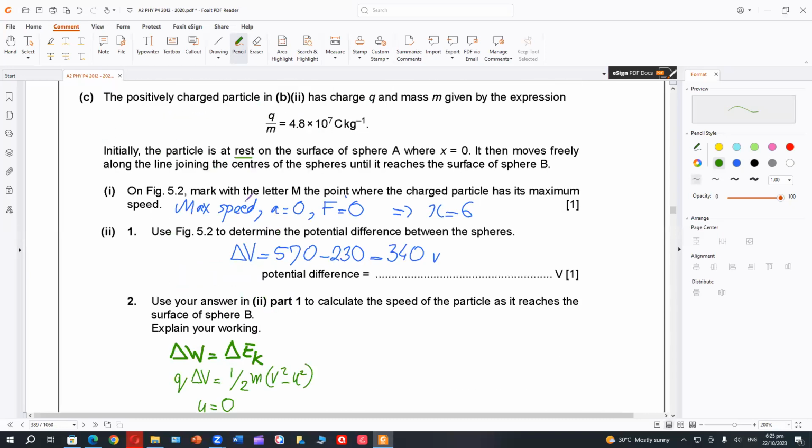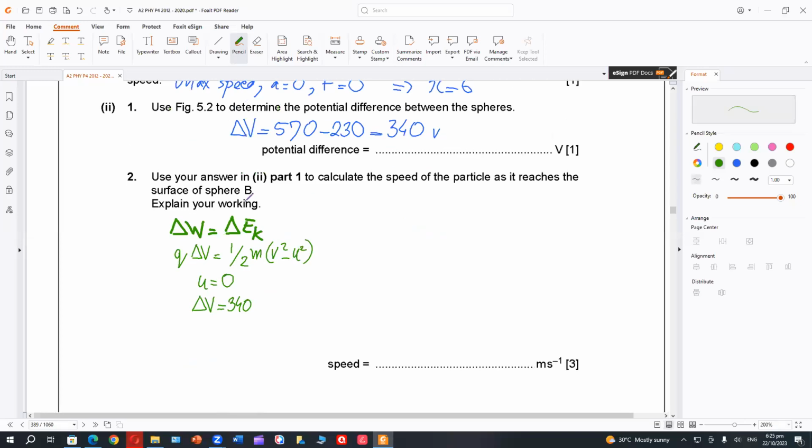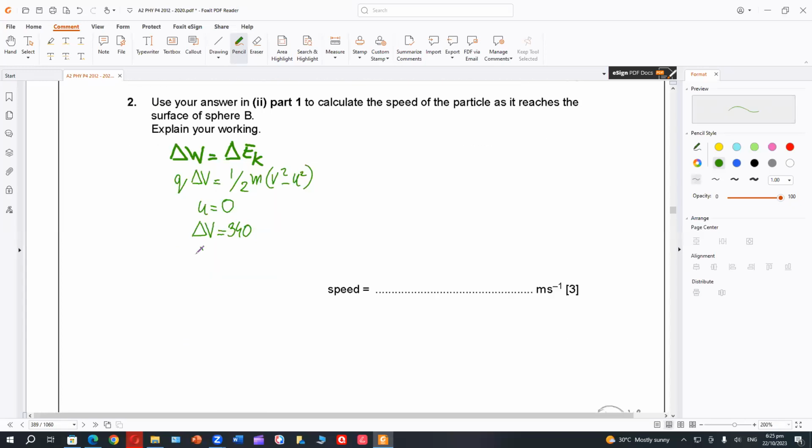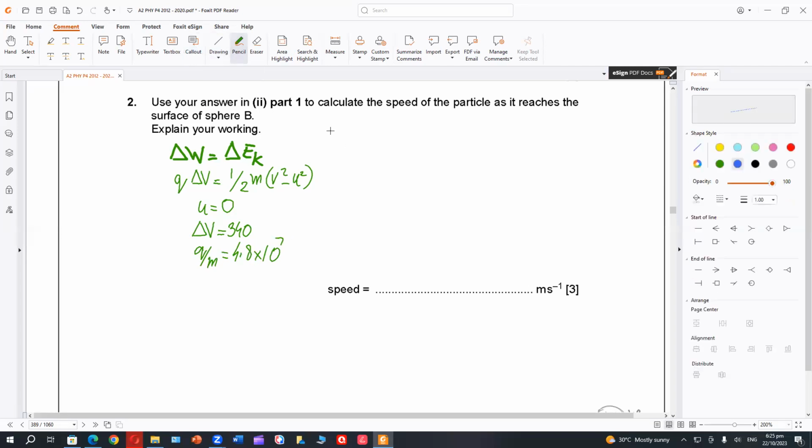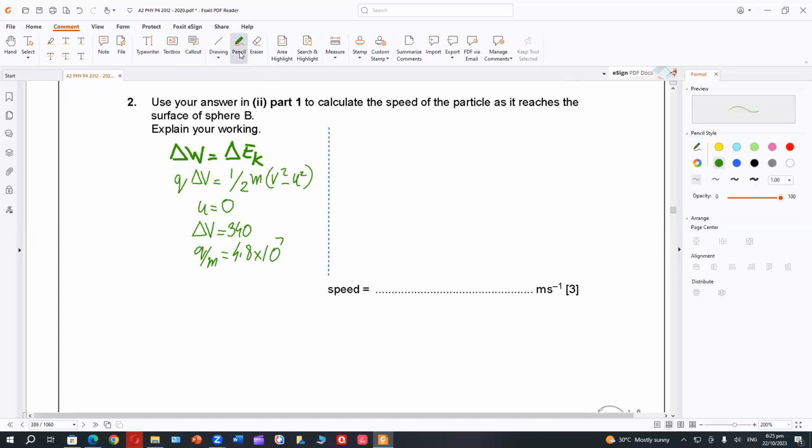And also I have q upon m, 4.8 into 10 to the power 7. I have moved the m to the other side.